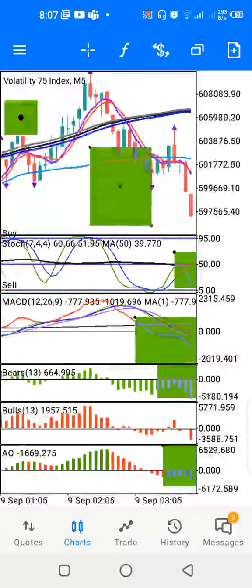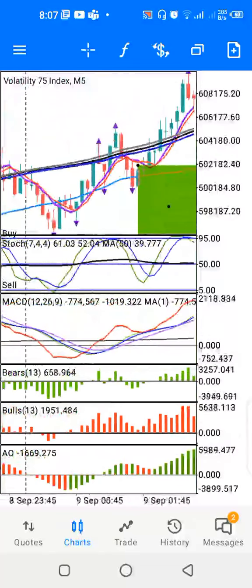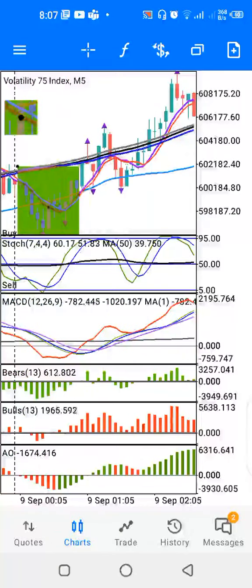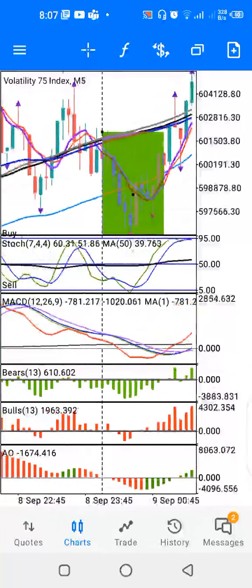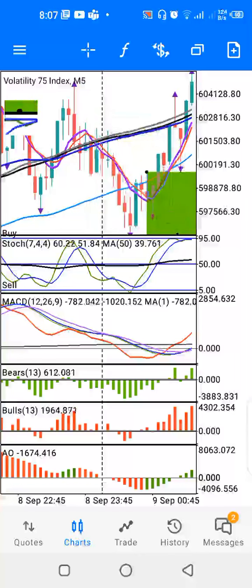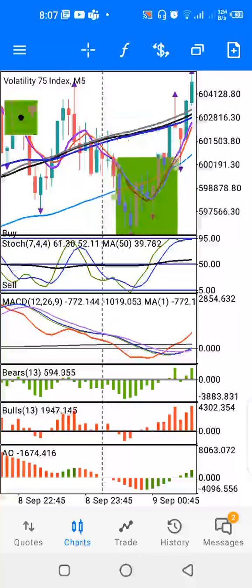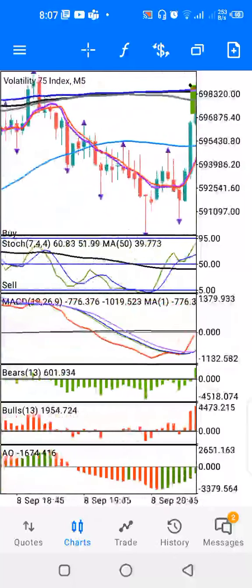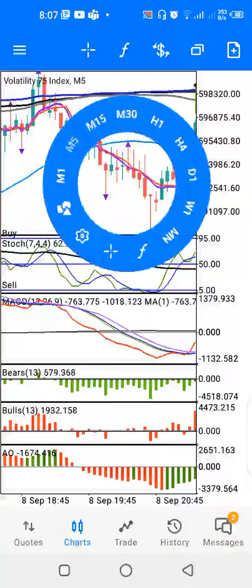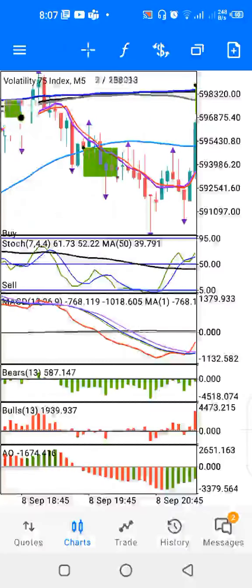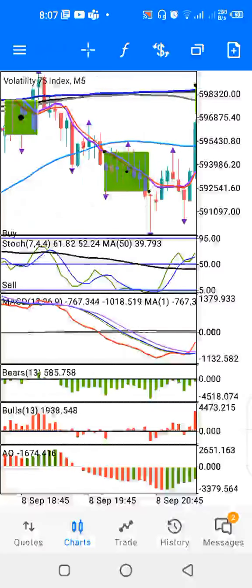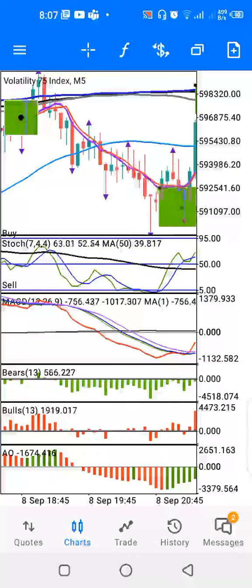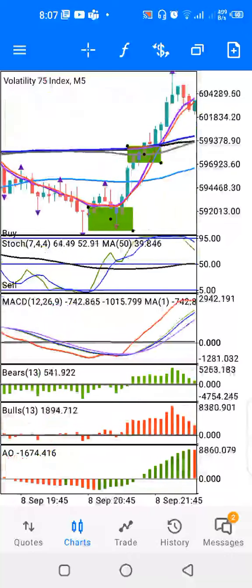Like around here you do not have many candles lapping down before you start to have a reversal. You have some candles lapping down around here, but it didn't last long before you have your reversal.